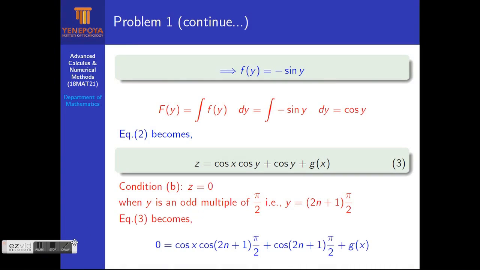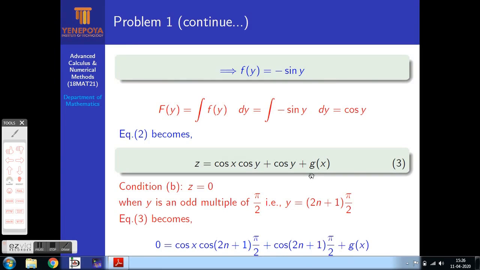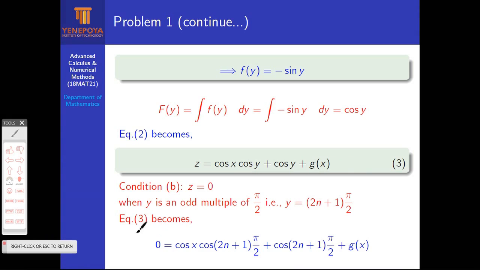Next, equation number 3 becomes: the value of y is (2n+1) π/2, then the value of z is equal to 0.